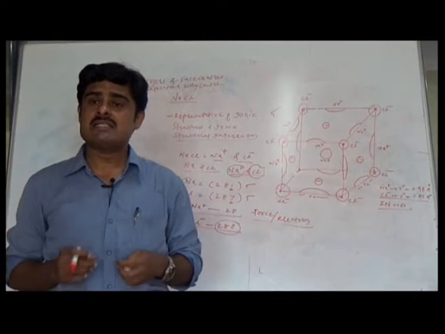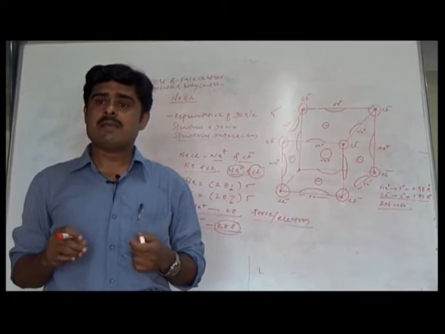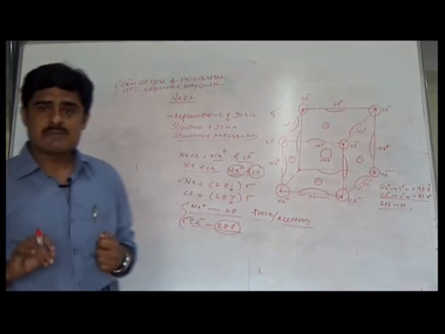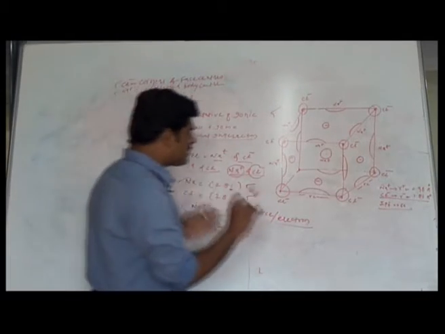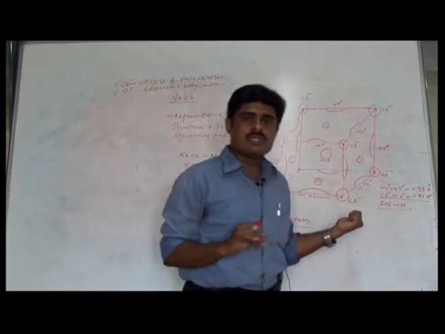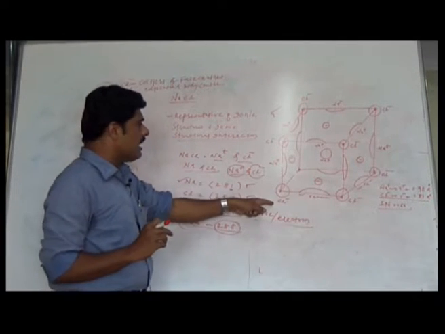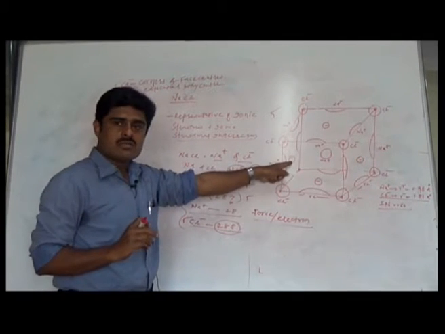Then what purpose is it serving? It is serving the purpose of charge balancing. Now how does this charge balancing take place? I'll explain the complex nature of the force that sodium chloride is exhibiting here. We see Cl minus at the corners and also at the face centers.